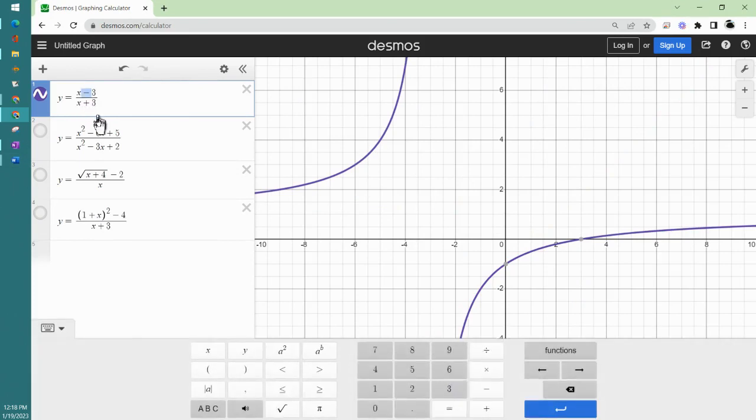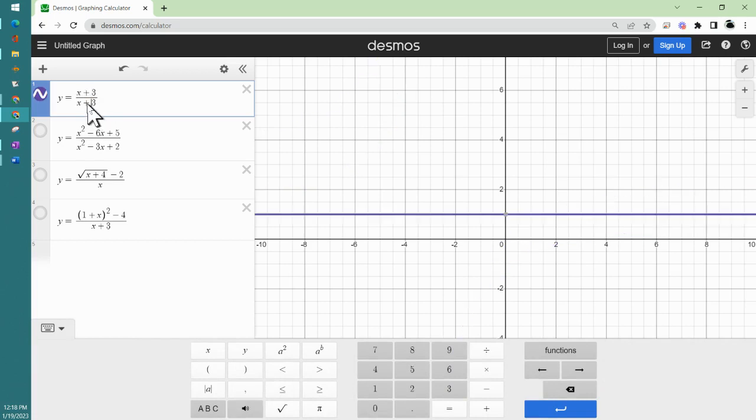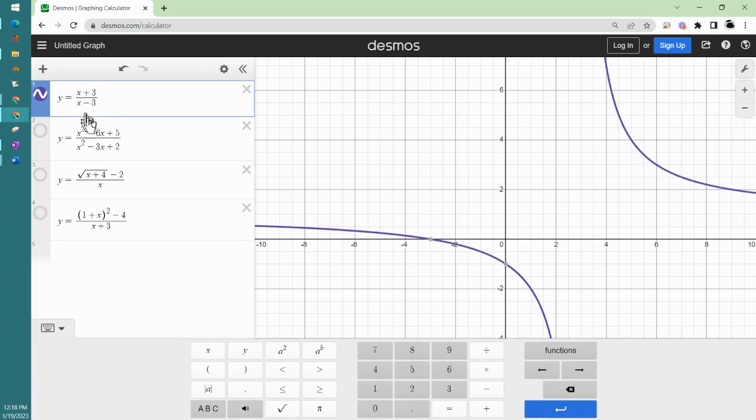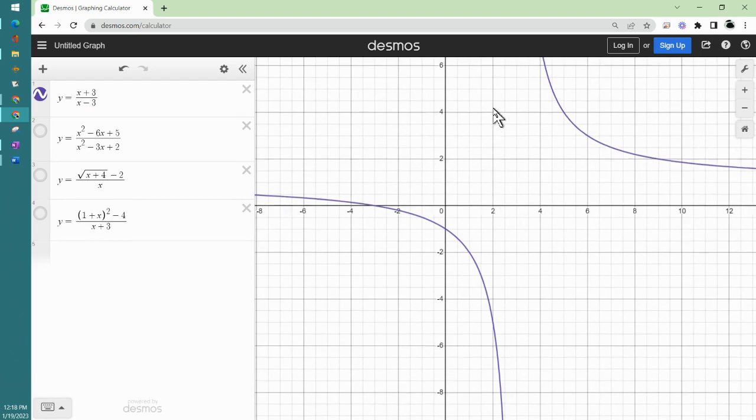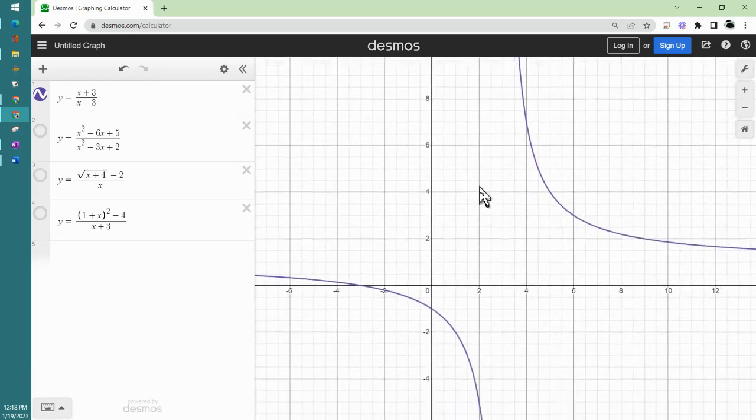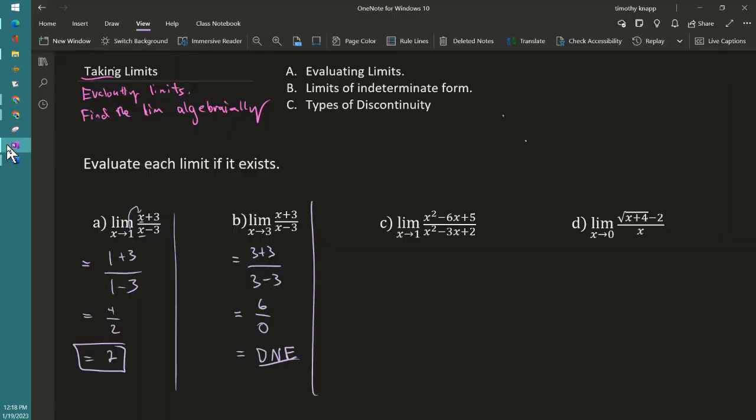Oh, no, I think it was the other way around. It's x plus 3 over x minus 3. There we go. So if you recall, our limit when we were approaching 2, which 2 is right here, was, oh, wait a minute, do I have the right function here? x plus 3 over x minus 3.